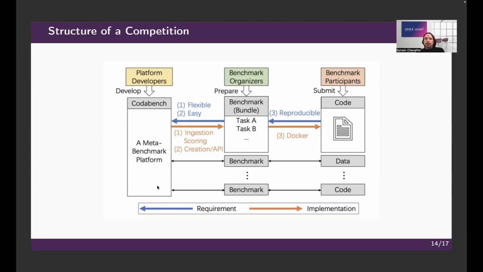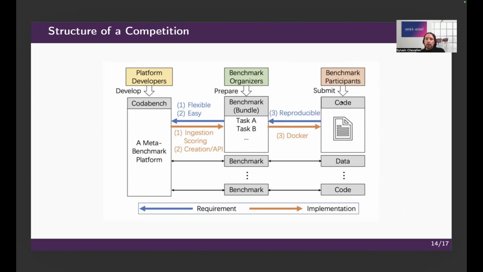Then on the competition organizer part, so the benchmark organizer, what you need is to provide a bundle. This bundle will be ingested by Codabench, which will treat your competition and give you all the resources you need for ingestion and scoring, and to create new benchmarks or interact with them using the dedicated API.